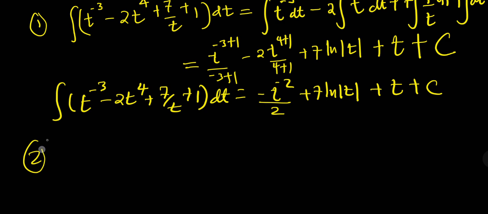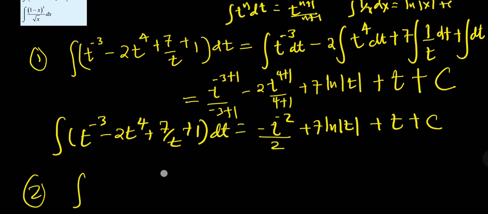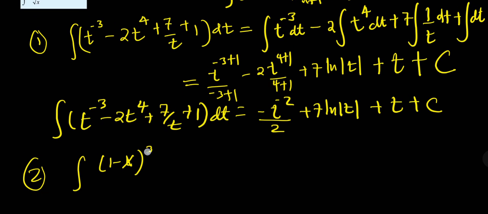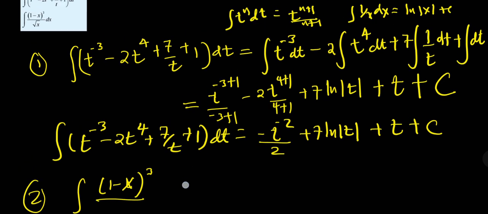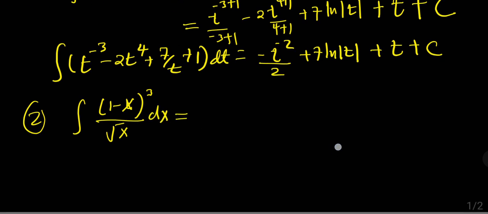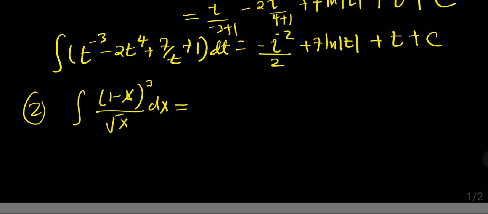Question number 2 requires you to integrate 1 minus x power 3 over square root of x dx. Now if you look at this question, you may say it is complicated, but that is not true. The question is very, very simple.